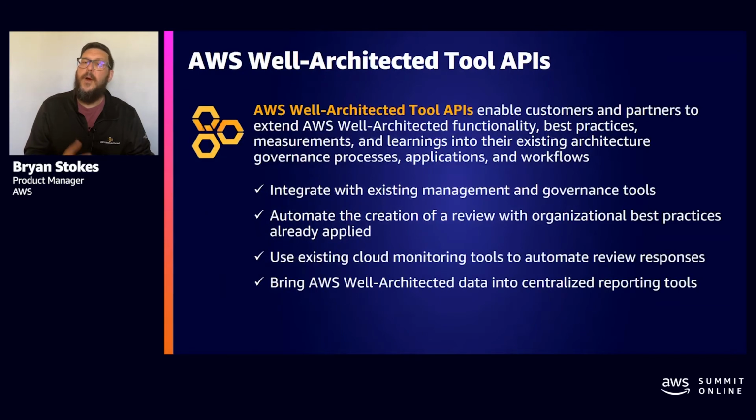So let's talk a little bit about what we did. We heard the need loud and clear from our customers, both those who were actively using the Well-Architected Tool and those who considered using it, but it didn't quite meet their needs at the time. So this led us to releasing a comprehensive set of APIs for the Well-Architected Tool at re:Invent last year.